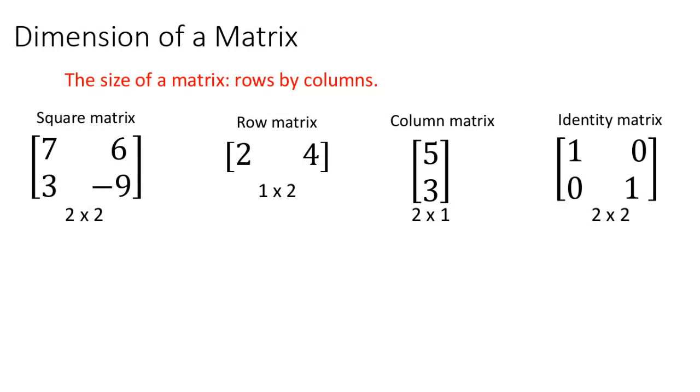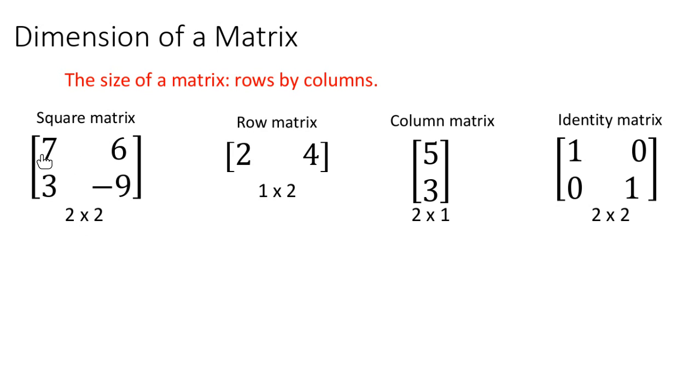Whenever you hear the word dimension, or you might hear the word order, what they're talking about is the size of the matrix. The size of the matrix is given by the rows and columns. For example, this matrix here has the same number of rows and the same number of columns, and it actually has a special name. It's called the square matrix.